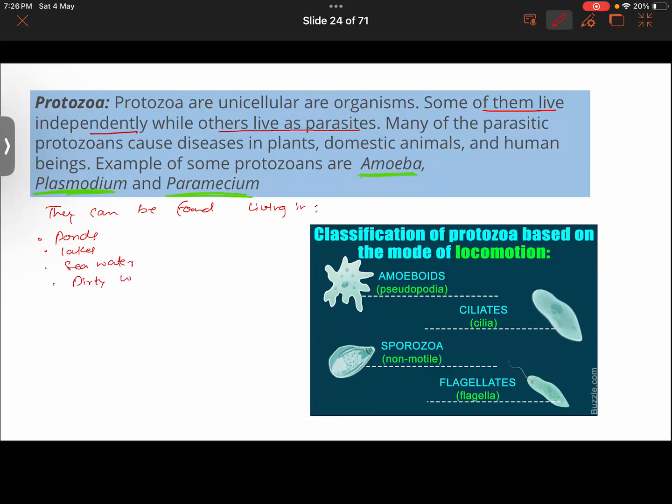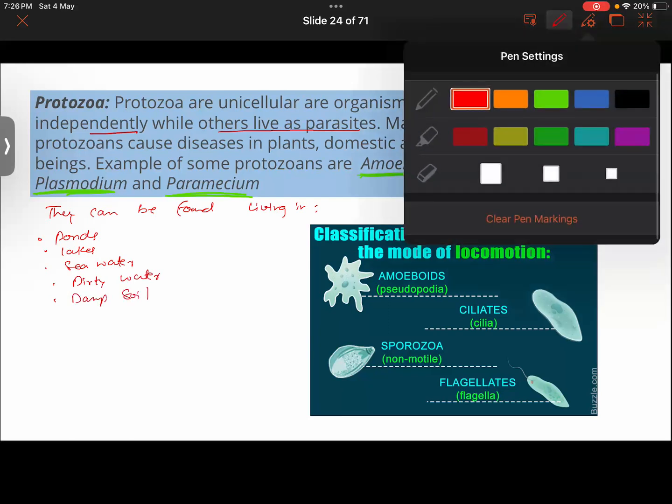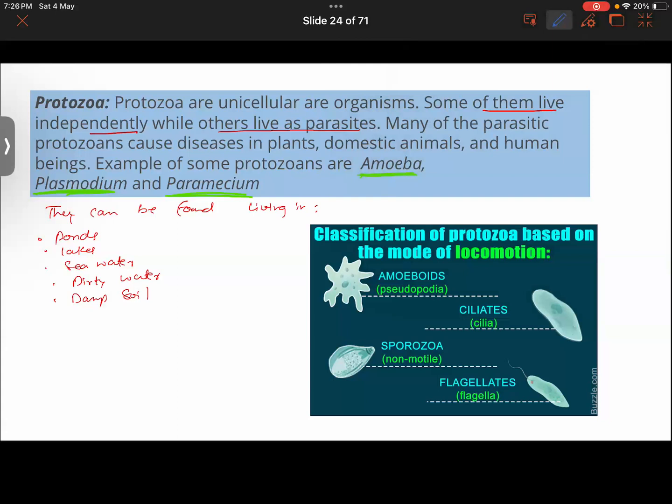Damp soil means soil which has some moisture. Some common examples are amoeba, plasmodium, and paramecium. Apart from these three, there are so many other protozoa also, but these are some of the common ones.